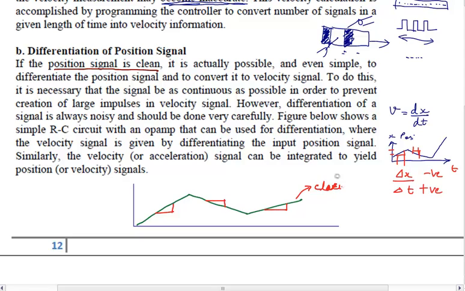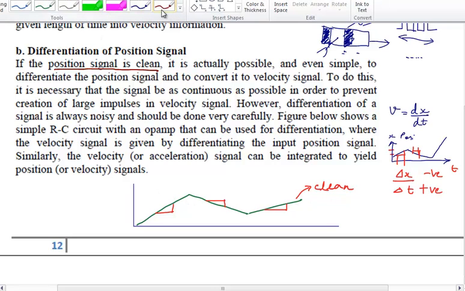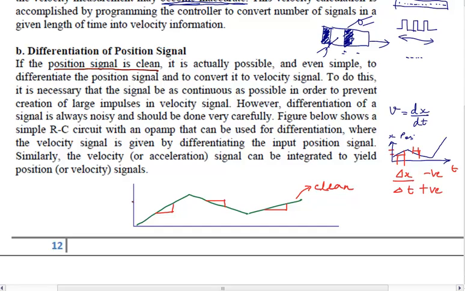It does not have any unnecessarily complicating spikes. So for this much portion the velocity will be some positive value, and from here the velocity will be some negative value.